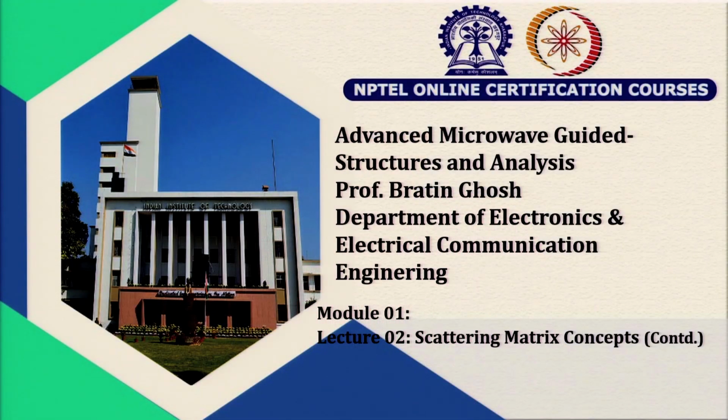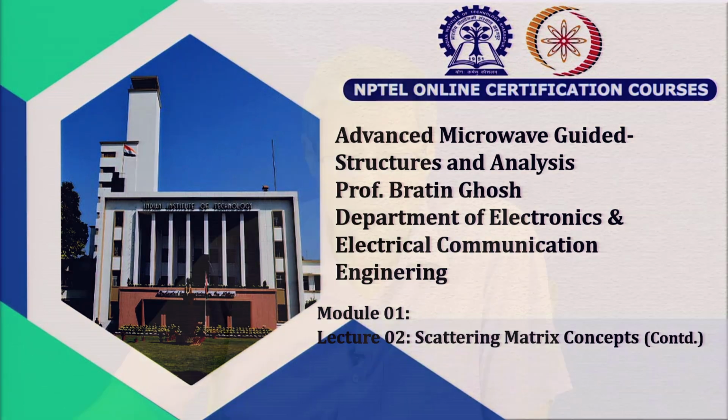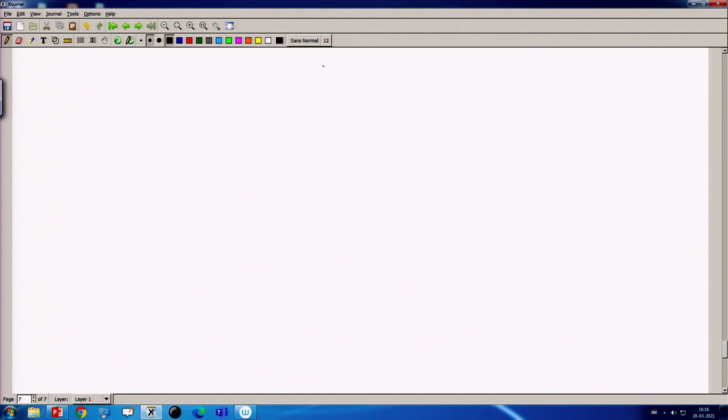So, welcome back to the second session of this lecture on scattering matrix parameters. We are going to continue from the previous session. In this session we are going to investigate the unitary property of the scattering matrix.